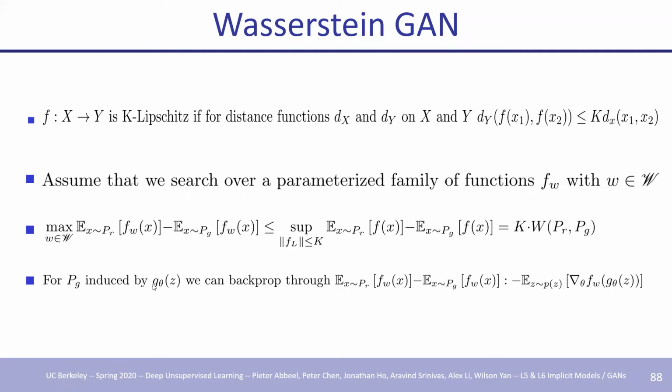And then for PG induced by G theta of Z, we can backprop through. Yeah, and then it's saying that G theta is our generator, and PG is the distribution of the generator, and we can backprop through this expression that has W's in it, because this X has the theta, so we can still backprop through it for the generator.